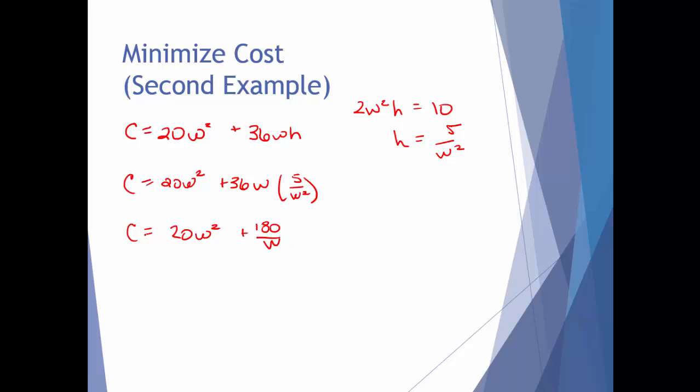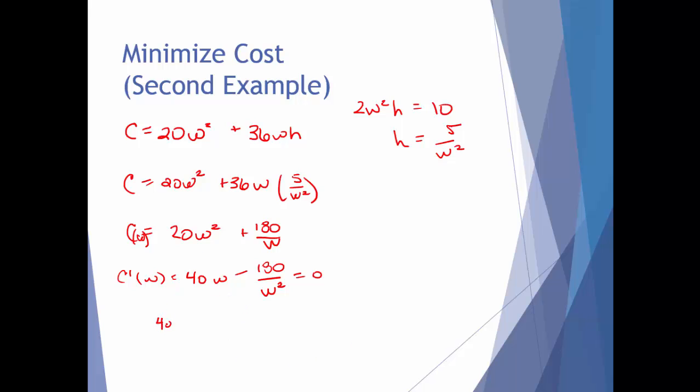Now this is a function of one variable. We can take its derivative. So the derivative of the cost with respect to the width is going to be 40W minus 180 over W squared. Again, you can either do quotient rule or treat this as 180 times W to the negative 1. And because we're looking for critical numbers, we're going to set this equal to 0.